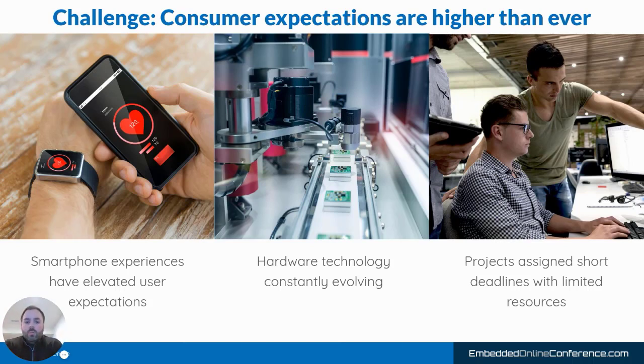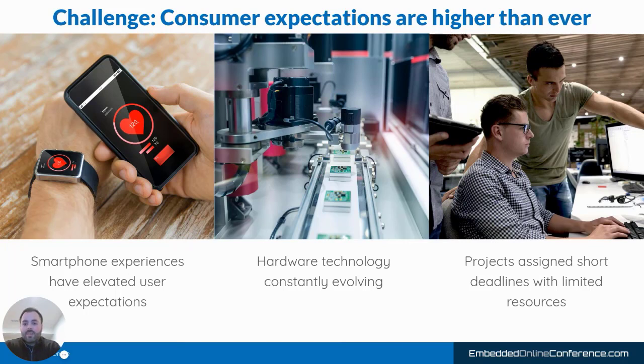So really what we're facing today is the challenge of ever-evolving expectations. This has been happening for a while now. Once smartphones became a commonplace device, all of a sudden the user experience expectations of products in the field were elevated.